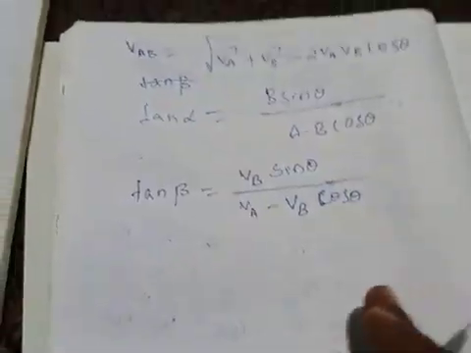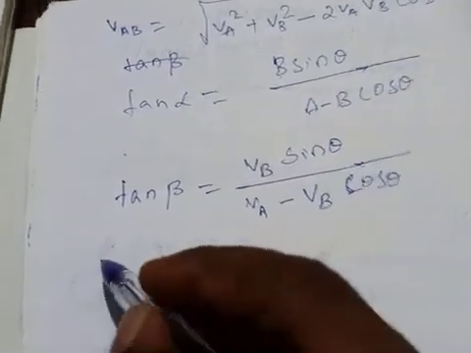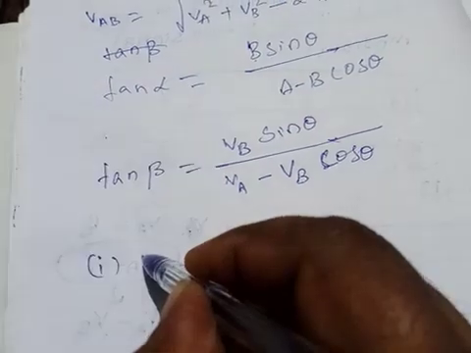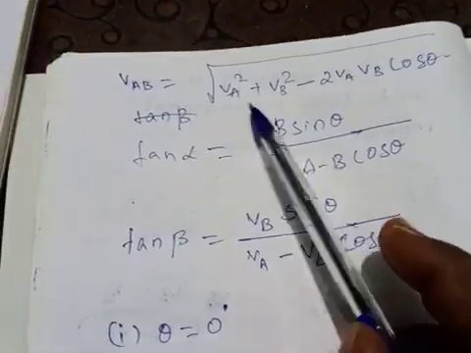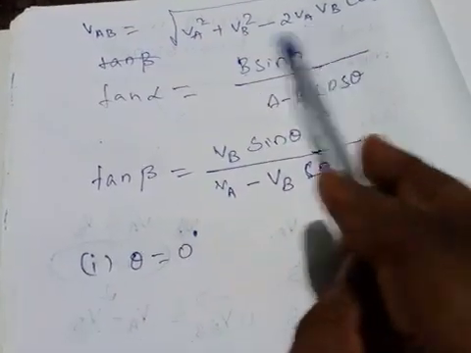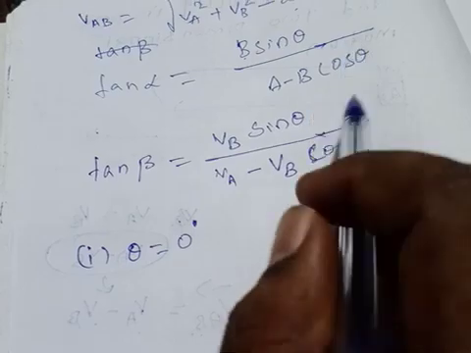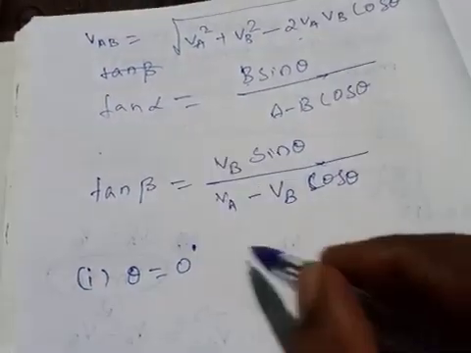Then this third one has another 3 cases, where we are giving values. The first case is theta equal to 0. Theta equal to 0 degree means what will be the direction? The bodies move along parallel straight lines in the same direction.